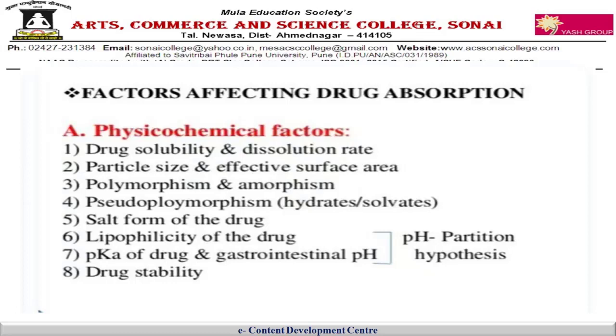Third, polymorphism and amorphism. Fourth, pseudo-polymorphism. Fifth, salt form of the drug. Sixth, lipophilicity of the drug. Seventh, pKa of a drug and gastrointestinal pH. Eighth, drug stability.